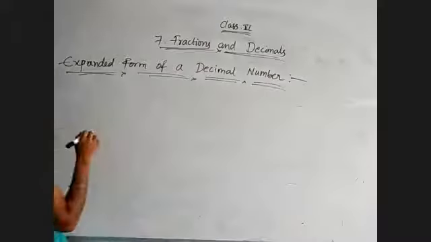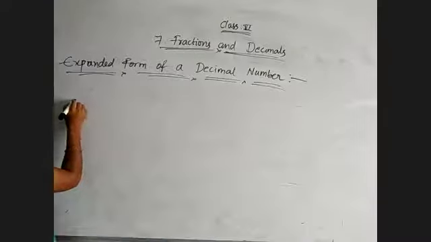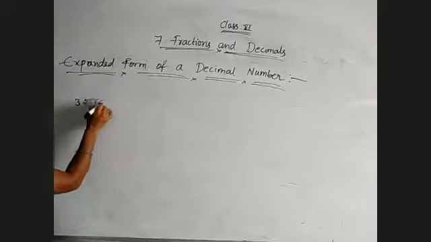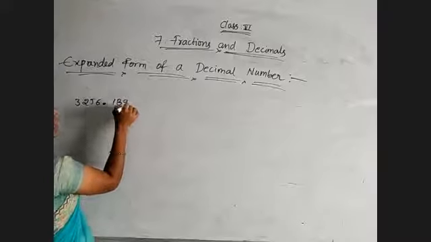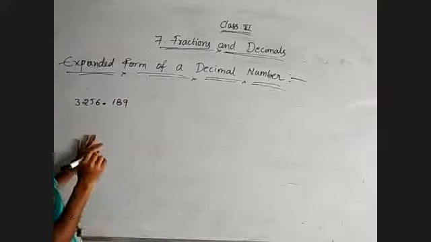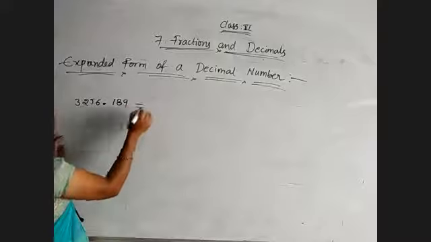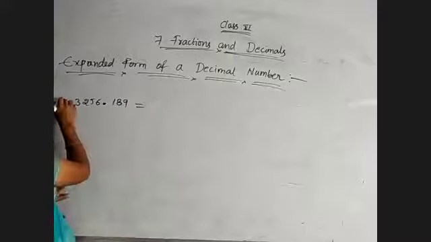See, suppose they are given a decimal number 3,256.189, like this. For this number we need to write the expanded form.